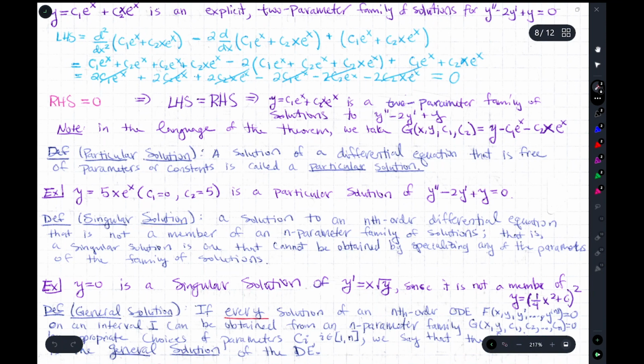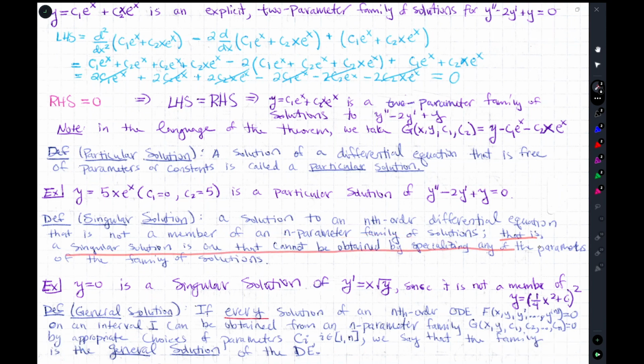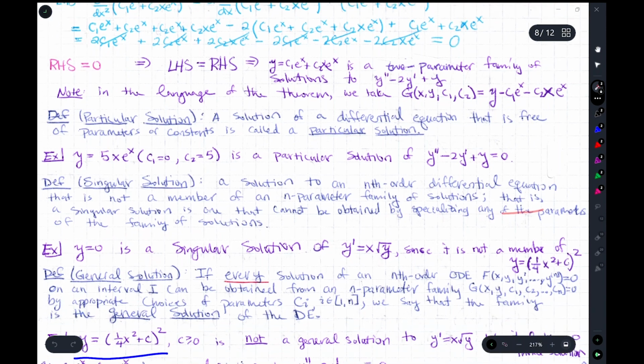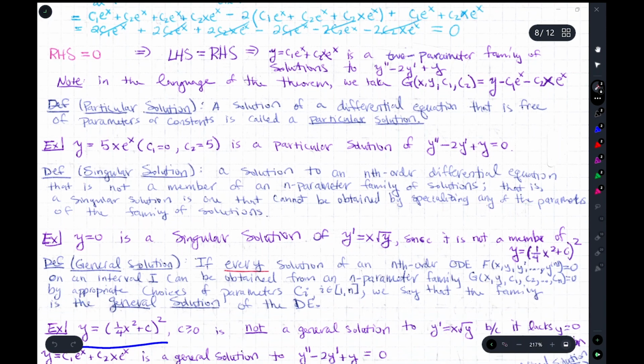A singular solution, what is that? Okay. A solution to an nth order differential equation that is not a member of the n-parameter family of solutions. That is, a singular solution is one that cannot be obtained by specializing or specifying or fixing any of the parameters of the family of solutions. So for example, y equals 0, okay?